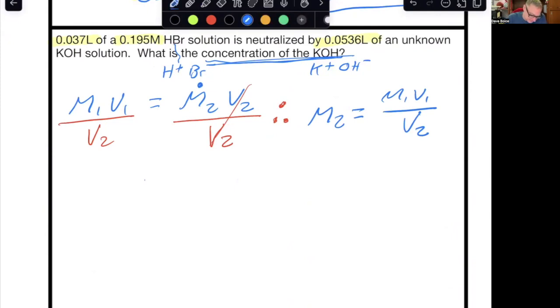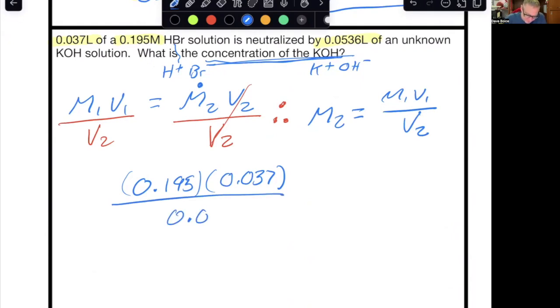I'm going to plug these into this formula. And so I'm going to put 0.195 as my M1 times 0.037 divided by my V2, which is 0.0536 liters.